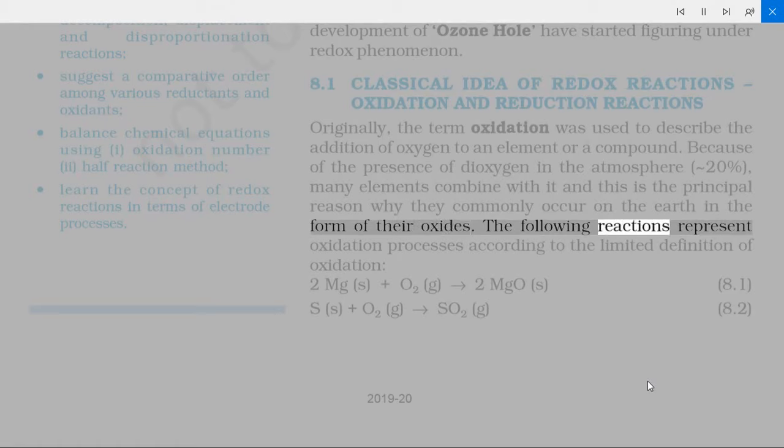The following reactions represent oxidation processes according to the limited definition of oxidation: 2Mg(s) + O2(g) → 2MgO(s) (8.1), S(s) + O2(g) → SO2(g) (8.2).